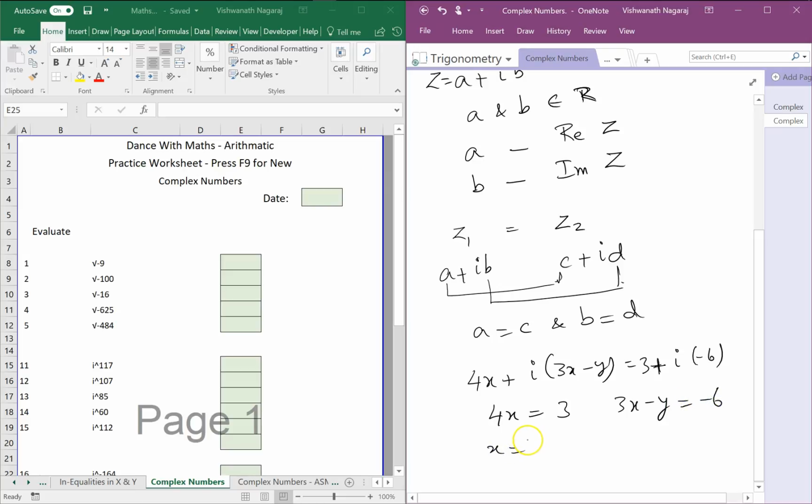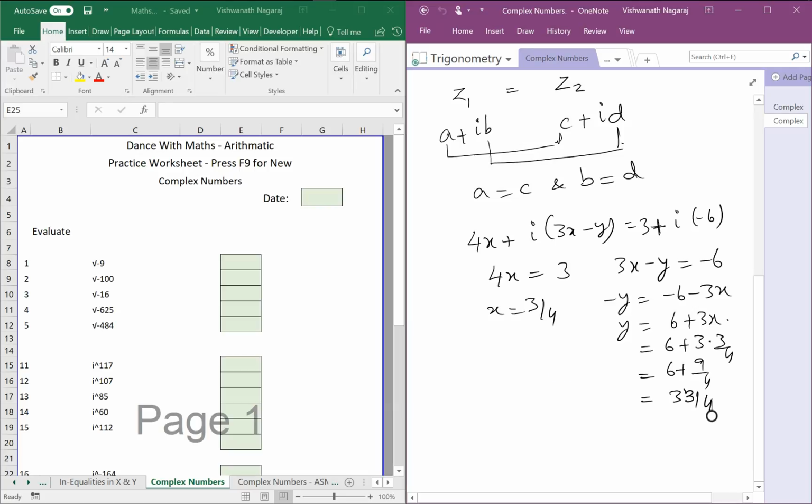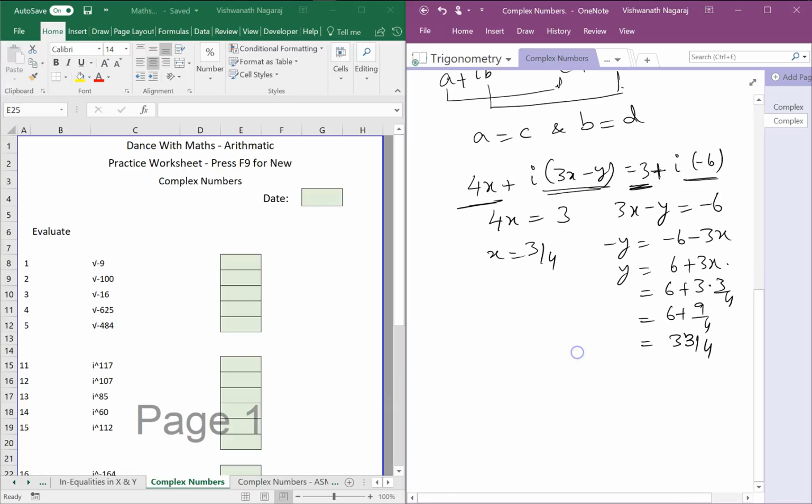So x becomes 3 by 4, and minus y equals minus 6 minus 3x, so y becomes 6 plus 3x. But we know x is 3 by 4, so 6 plus 3 into 3 by 4, which is 6 plus 9 by 4, which is 6 4s are 24 plus 9, 33 by 4. So you just focus on the real part, equate them, then look at the imaginary part, equate them and solve.